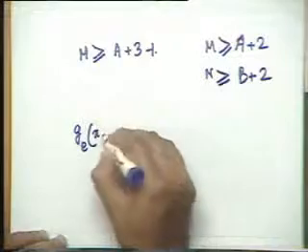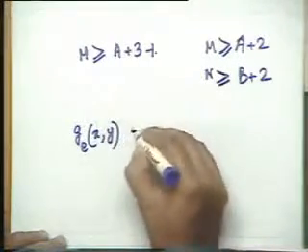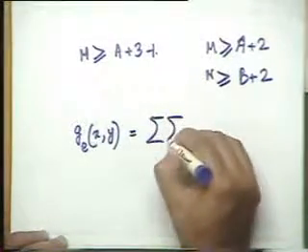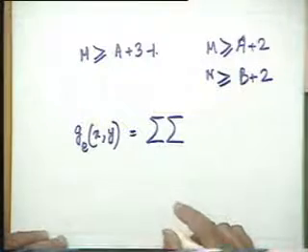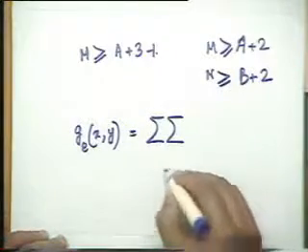Our net convolved result, okay, ge(x,y) can be written as the convolution expression, that is to say using a double summation.